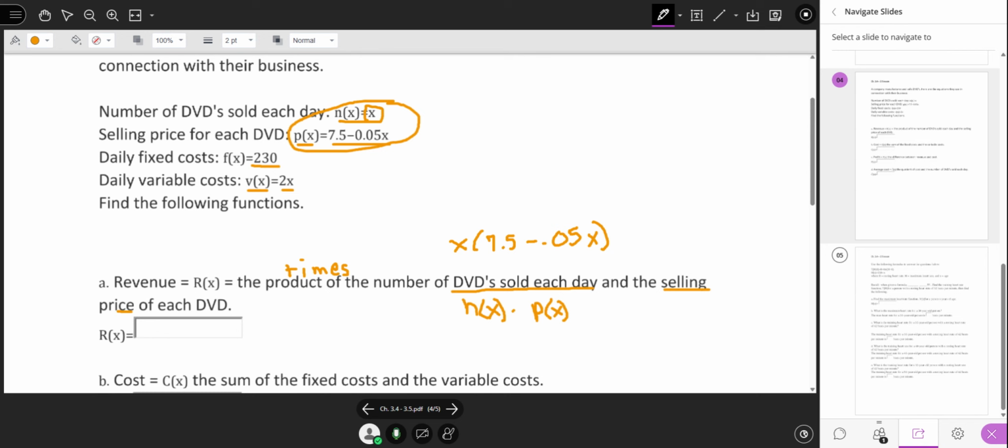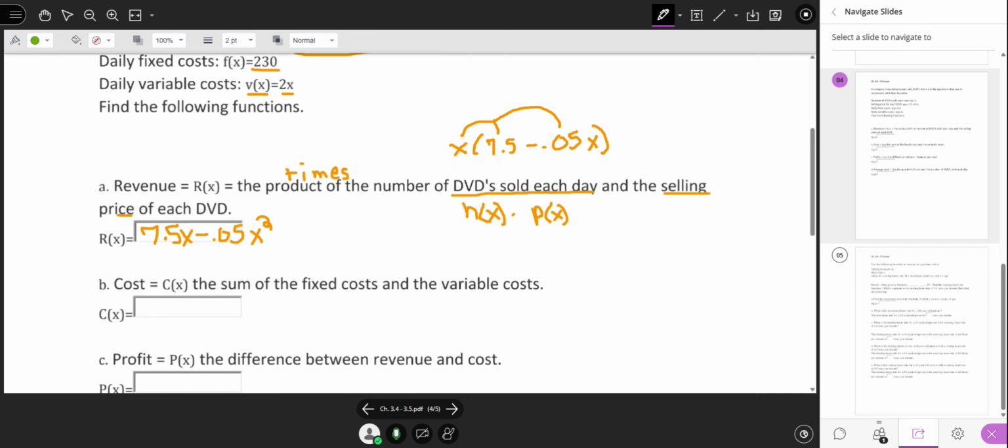You can simplify it, and I would, by distributing. So 7.5x minus 0.05 x squared. It looks scary, but it ain't.